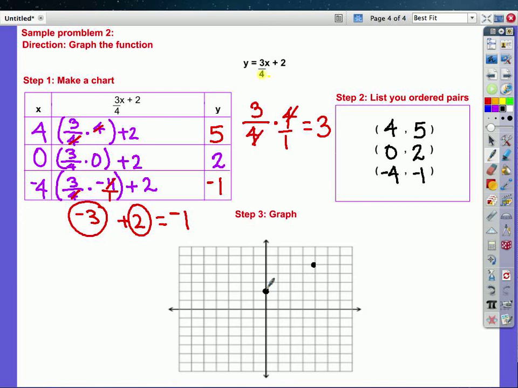We're going to go over to -4 on our x-axis and down 1. So it's 1, 2, 3, 4, and down 1. And now we will connect our points. And that's all you have to do.